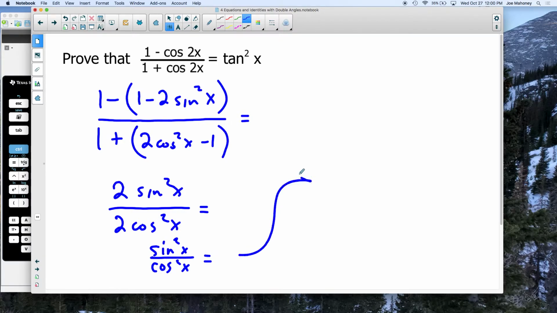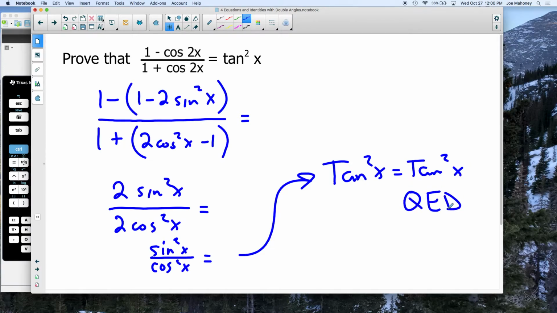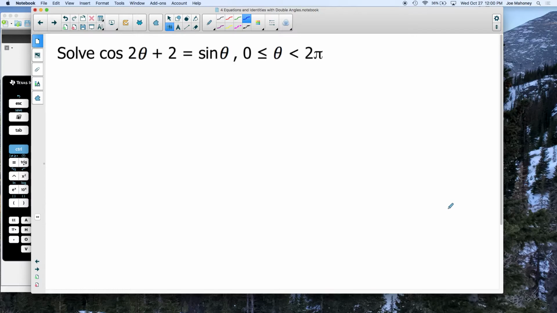And I know that sine squared over cos squared is tangent squared. Things look good. So making some of those substitutions into your double angle formulas, that might help you out a little bit. Now let's solve some equations using our double angle formula.